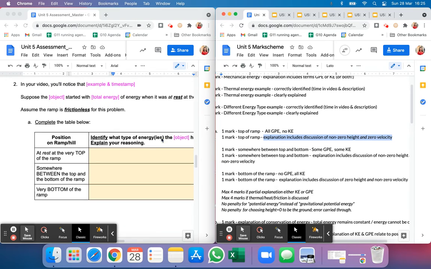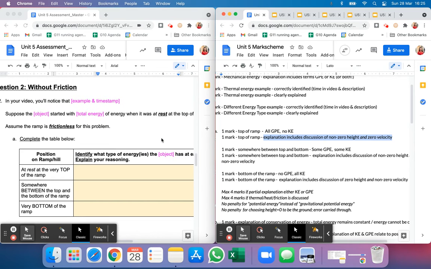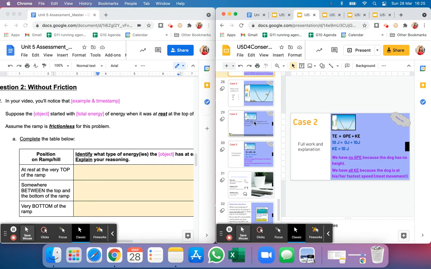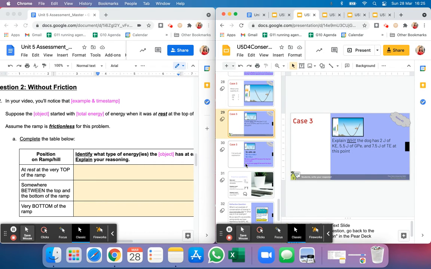A few people mentioned other kinds of energy like sound energy. Certainly correct. We were really prompting you here to set up this problem in the way that we did in class. We mentioned at rest, we mentioned frictionless. So we are really prompting you to think back to Unit 5, Day 4, and the work we did in class, and checking in on how well you understood these case 1, case 2, and case 3 that we worked through together and that you wrote down in the document that day.